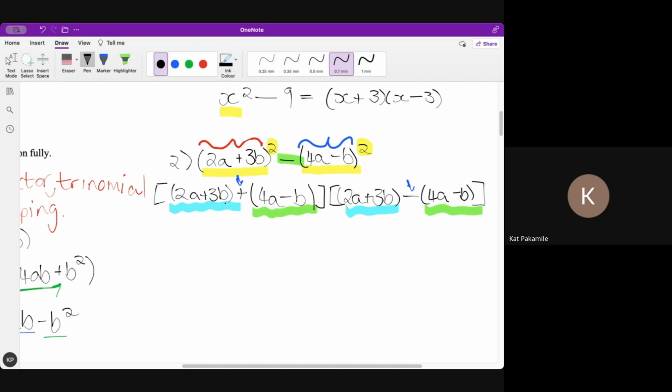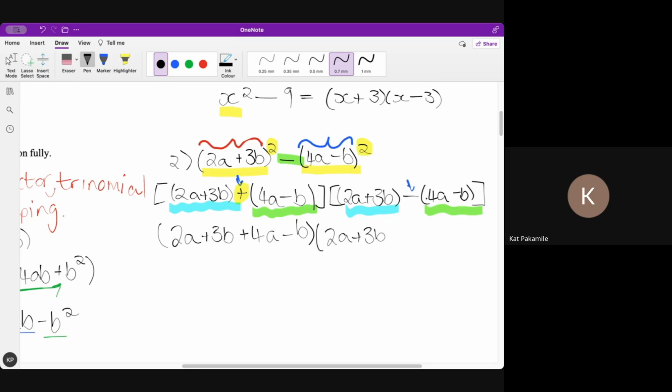But now we can simplify, right? Firstly, I want to get rid of the brackets inside the square brackets. So it's going to be 2a plus 3b. Will the second bracket be affected in any way if I have a positive on the outside? No, it's just the same, right? So it's plus 4a minus b. And the second one, I have 2a plus 3b.